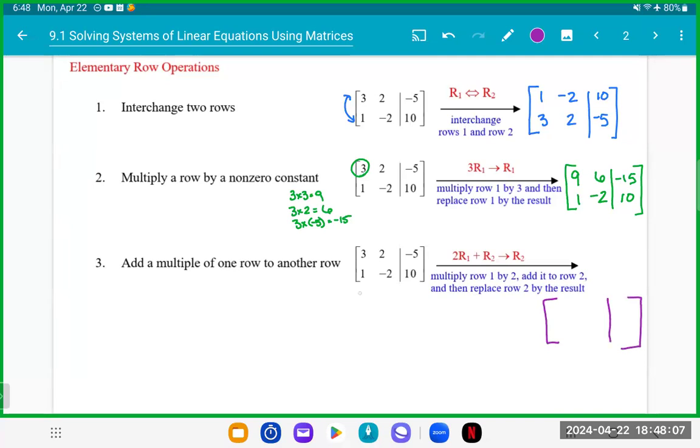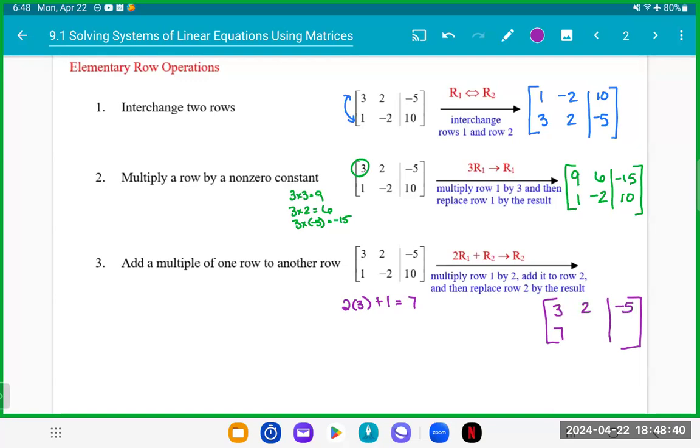So we take 2 times row 1, add it to row 2, and replace that. So I get 2 times 3 is 6 plus 1, that is 7. So I'm replacing the 1 here with the 7. Okay. We're not doing any changes to row 1, so we can just copy that straight down.